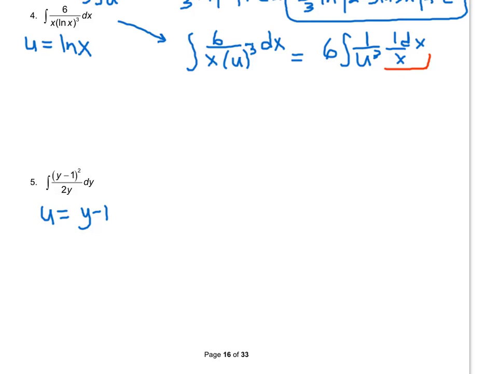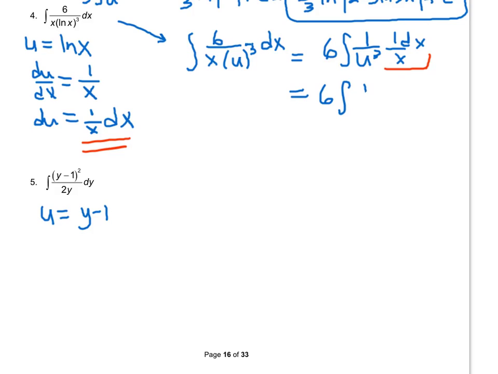So if you go back over to your u equation, you're going to have du/dx equals 1 over x, the derivative of the natural log, right? Derivative of the argument over the argument. So you're going to have du equals 1 over x dx, and looky there, there's a nice substitution. I know you guys don't think it's nice, but I do. So let's plug that in over there, and we'll have 6, 1 over u cubed, and that whole thing turns into a du.